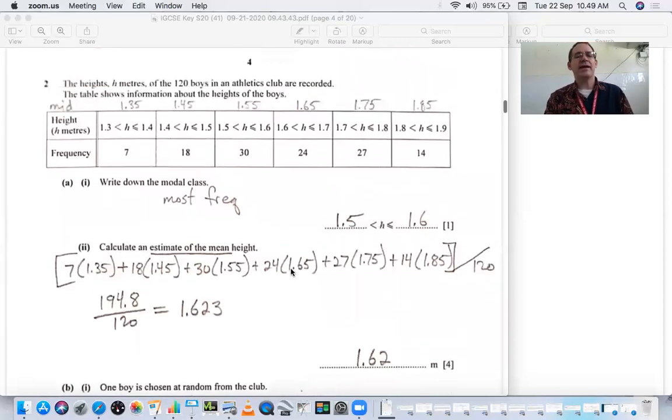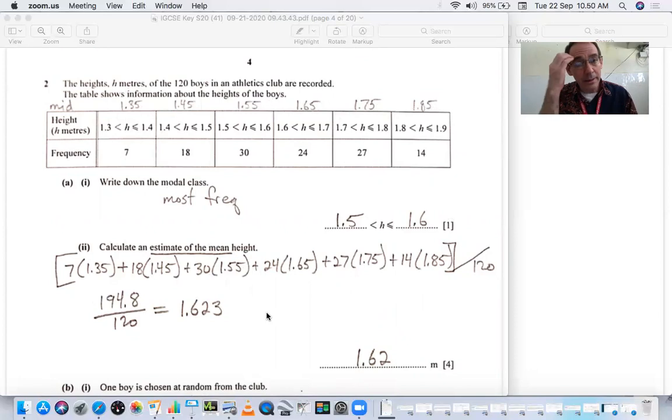So to do an estimate of the mean height, we need our mid-class values. To represent each group, we take the middle. So 1.35, 1.45, 1.55, 1.65, 1.75, and 1.85, and multiply them by their respective frequencies and add them all up.